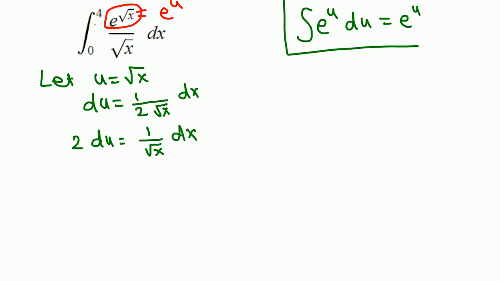There is nothing else, which means we can always have 1 as a factor. So 1 over square root of x dx is 2 du. Okay, so we have e^u times 2 du.